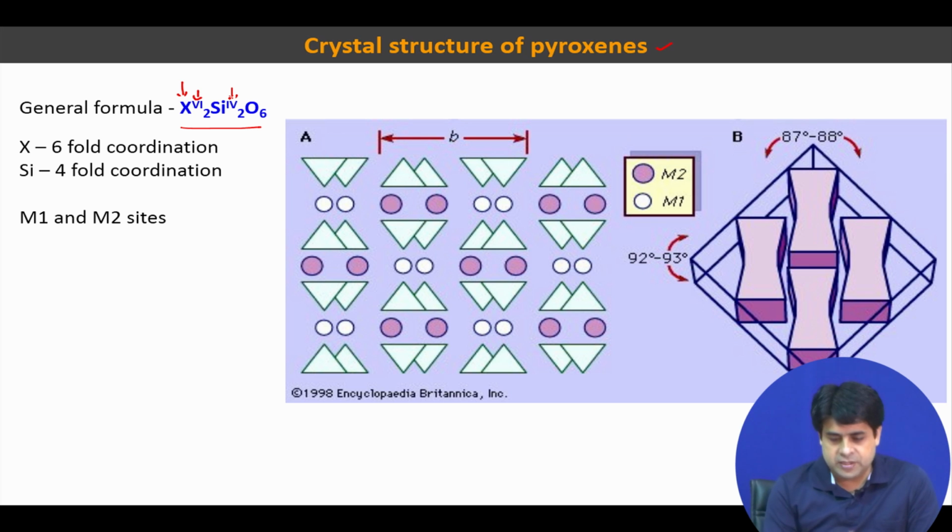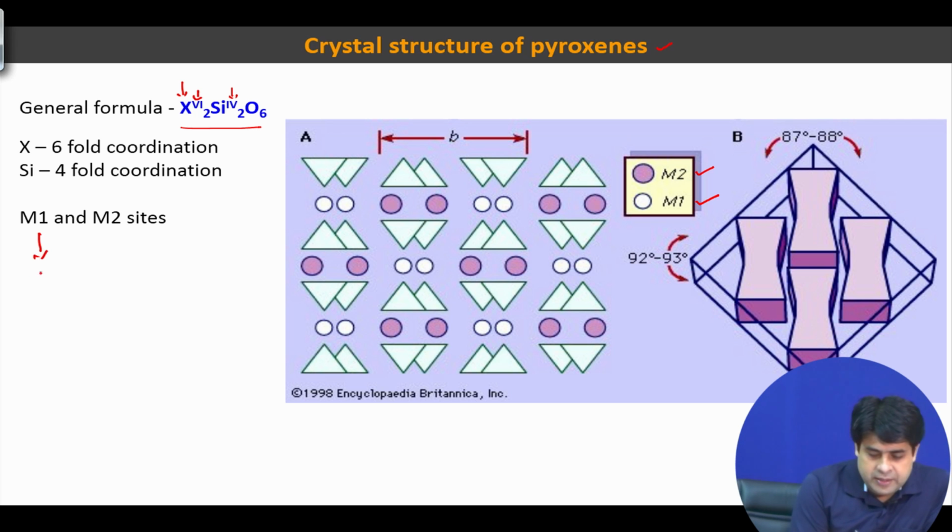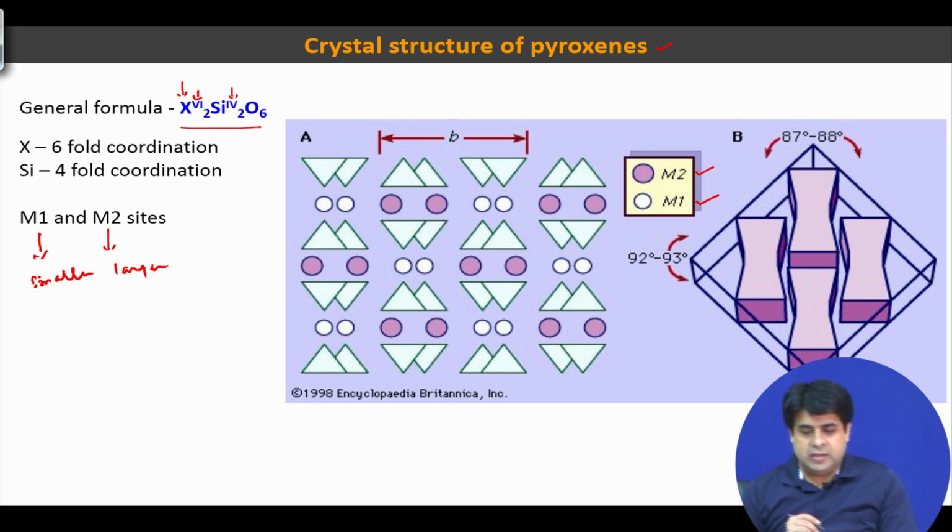So this is the crystal structure of your pyroxene. In the pyroxene, you have 2 octahedral sites. You have an M1 site and an M2 site, and the M2 site is larger than the M1 site.